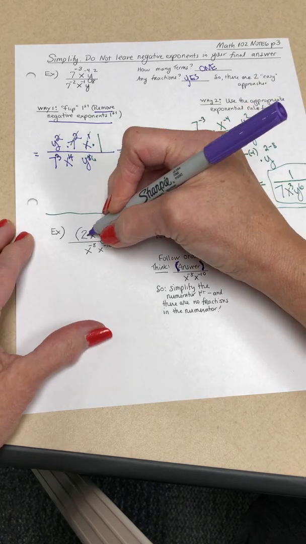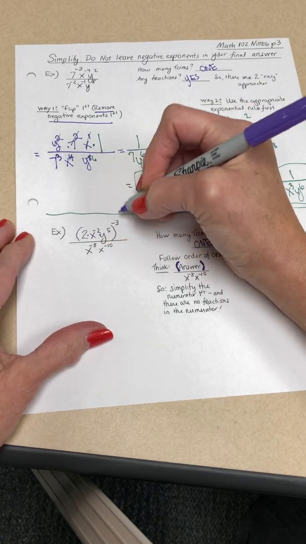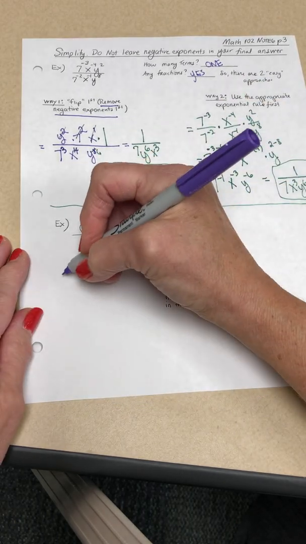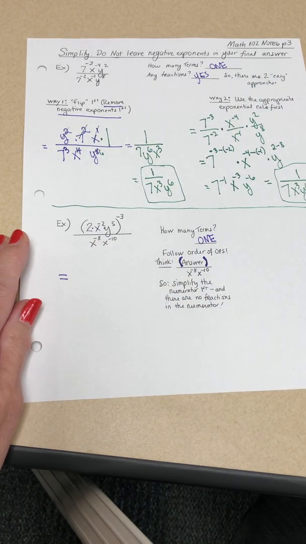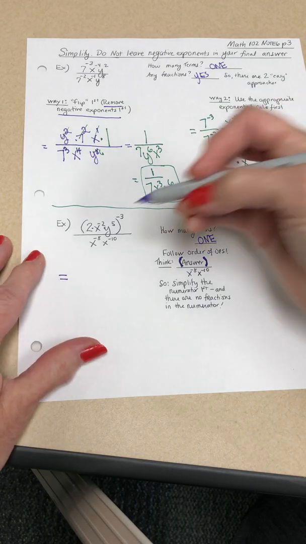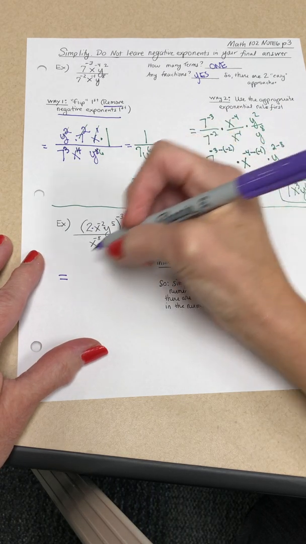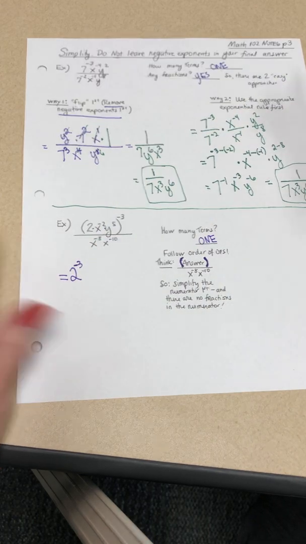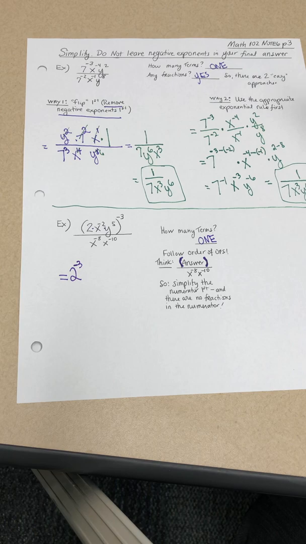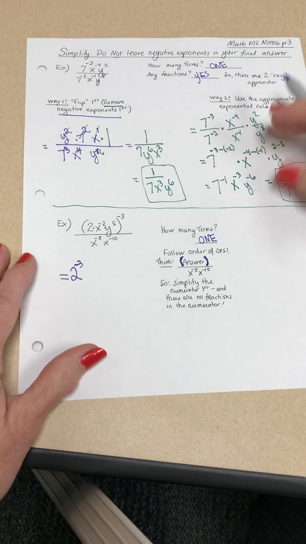You have factors, so you can distribute the exponent to each factor. Don't rush. And that's kind of the big thing with negative exponents. Don't rush. Don't try to do too much in your head. 2 raised to the negative third, just write it down as 2 to the negative third. You'll deal with the negative exponent later, because that is not negative 8.